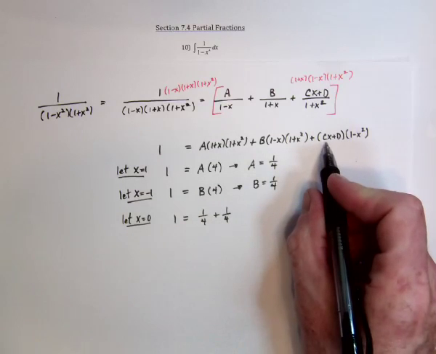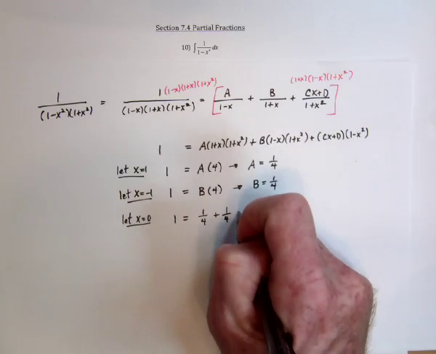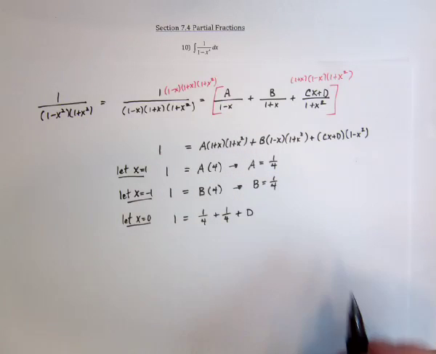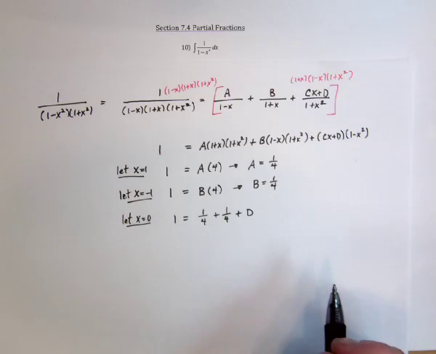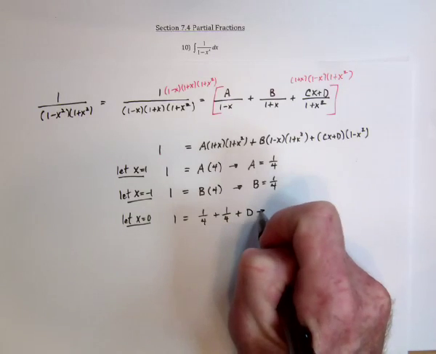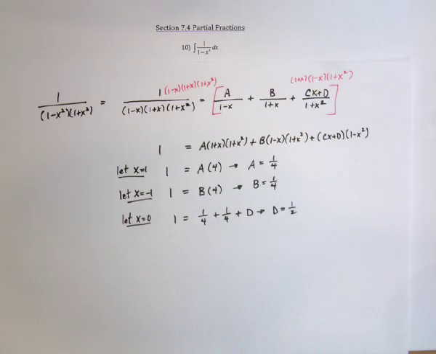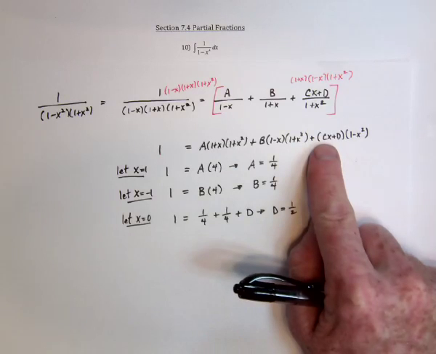This would be gone, and this would be just 1. So we would have the d. So it looks like this would be a half, so if you subtract half from both sides, we've got d is equal to 1/2. And now we need one other number so that we can find out what c is equal to.